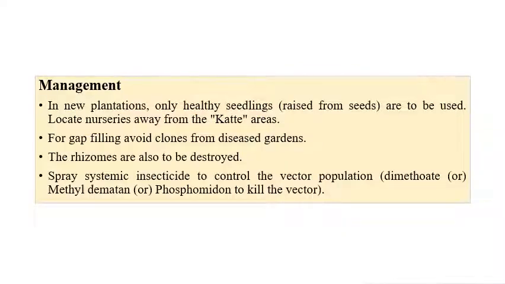Coming to the management aspects, healthy seedlings can be recommended, along with locating nurseries away from Kokkae kandu disease areas, where infected cardamom is nearby. Because the disease is transmitted by insects, it can easily spread to the nurseries too. Gap filling is also important, infected rhizomes should be destroyed, and a systemic insecticide can be sprayed to control the vector population. For that, we can go with dimethoate, methyl demeton or phosphamidon to kill these insect vectors.